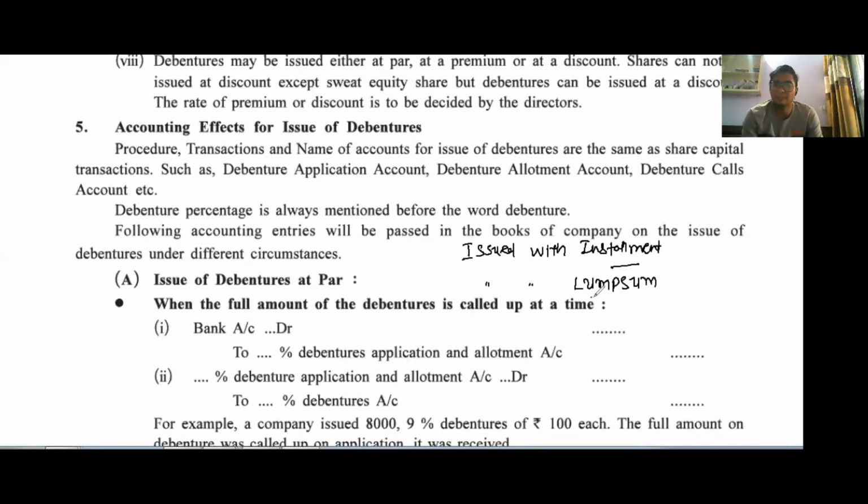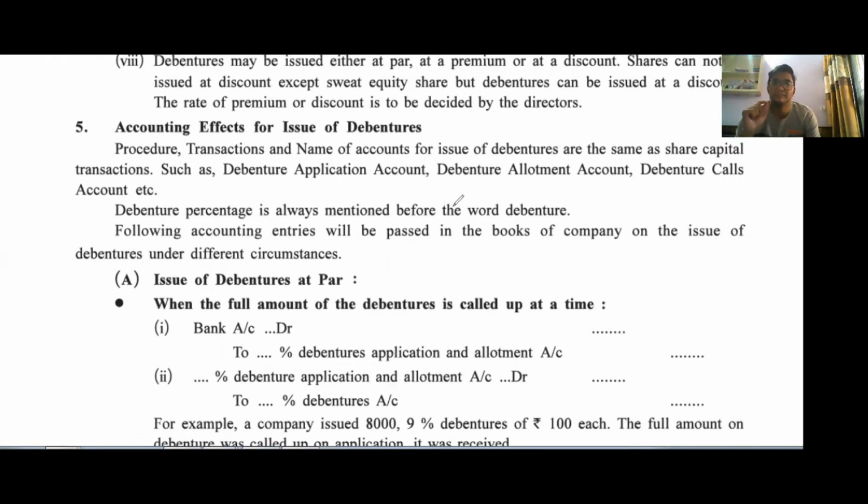But if it is on lump sum, then there are only two journal entries, the first related to application and allotment, and the second is the same, application and allotment debit. But here there are some changes. Wherever we were using the word equity share, instead of equity share there is a word called debenture.